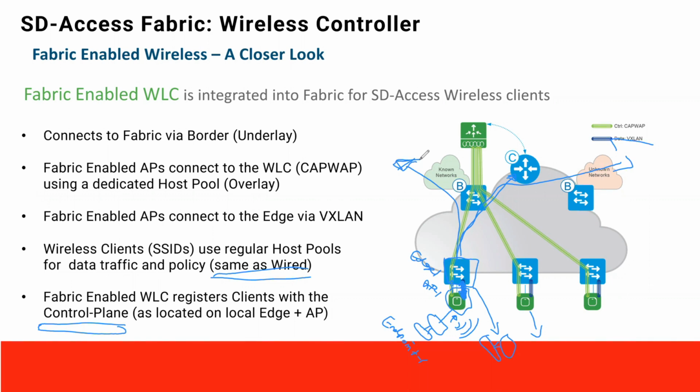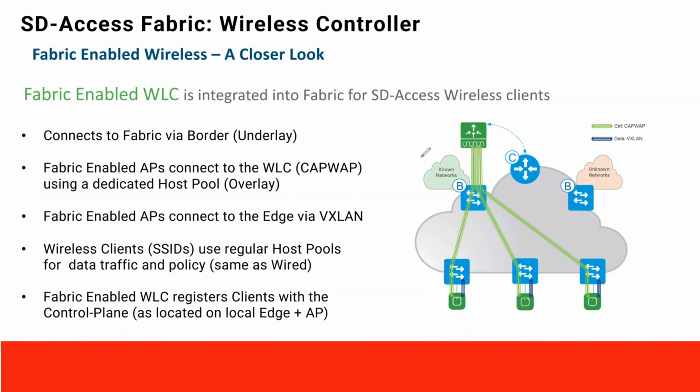Okay. And suppose this Fabric enabled WLC is in a regionalized model, is there any kind of limitation on what device we can use for Fabric enabled WLC? Yes, we have that specific limitation on which devices we can enable the fabric enabled functionality.